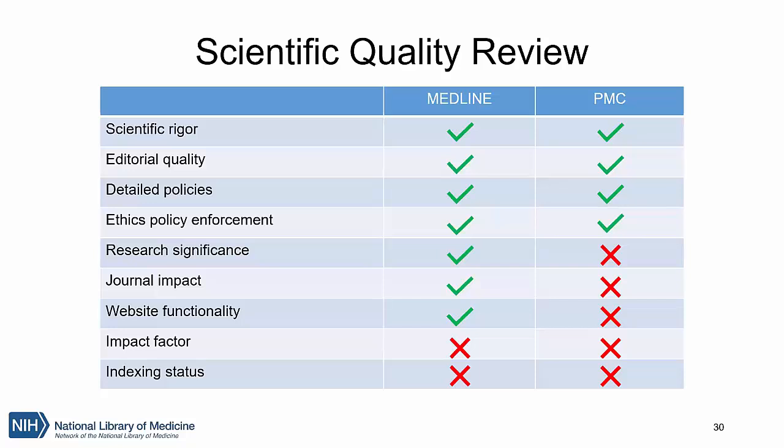Medline goes beyond scientific rigor to also consider things like significance and novelty of the research, its website functionality, and journal impact, which is based on internal criteria and not an impact factor. And in fact, NLM does not consider metrics from other organizations, such as impact factor or citation metrics or status in other indexes when evaluating a journal.